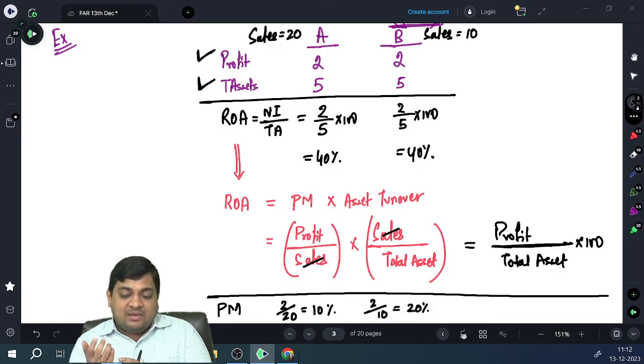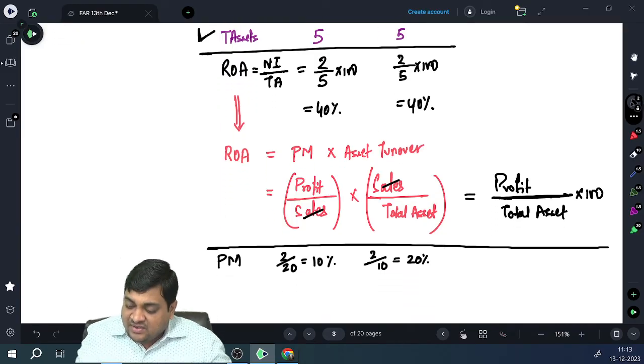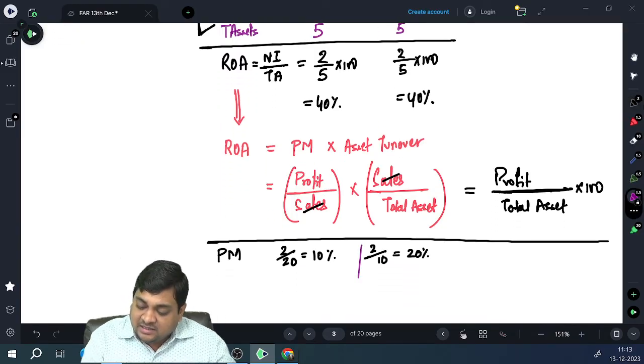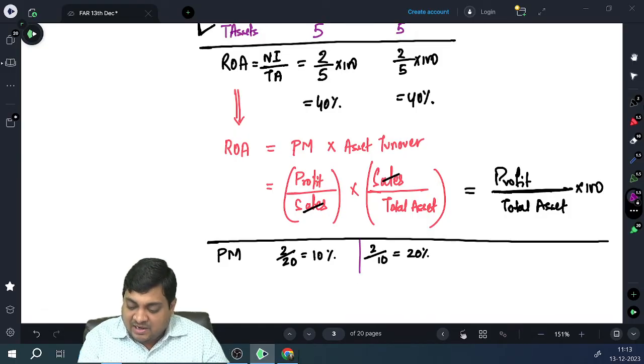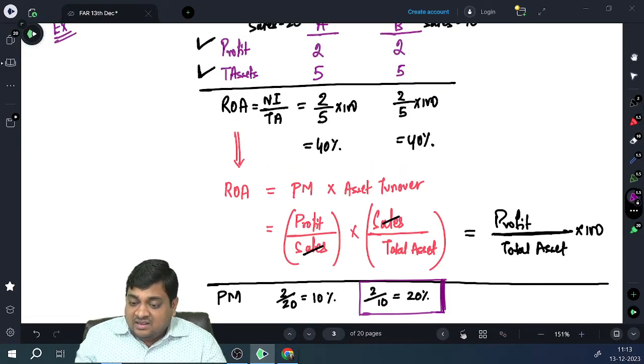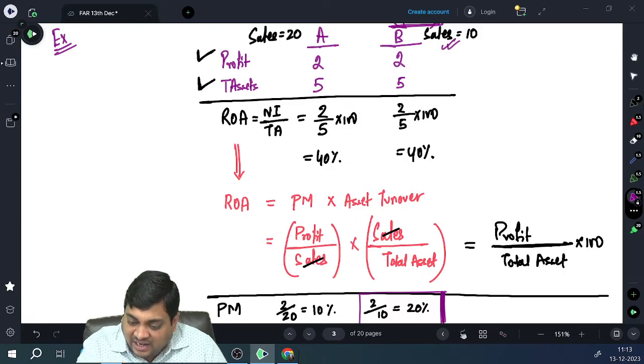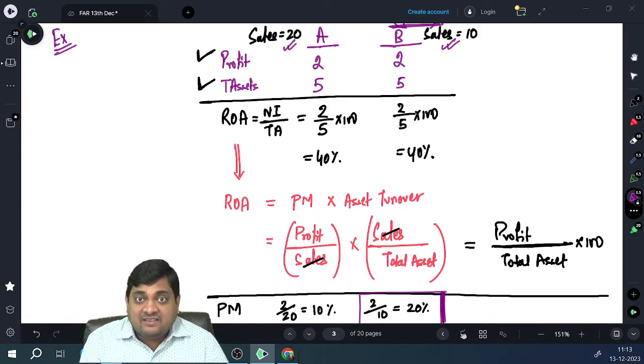So accordingly, I can make out that it's a multiplication of the profit margin with the asset turnover. As far as profit margin is concerned, company B is better off. Now you can see one thing, even if company B is working on a low volume, with a sale of 10, whereas A is having 20.